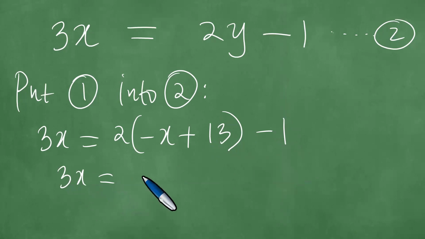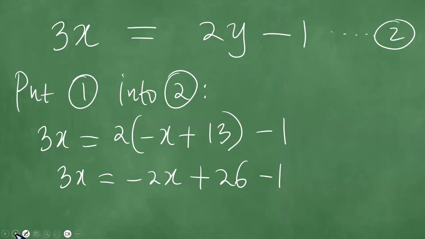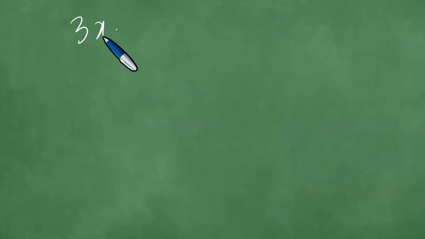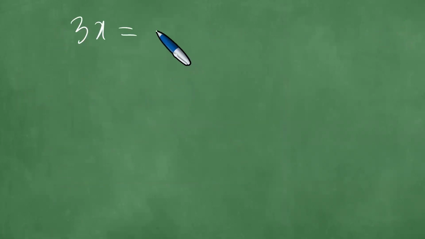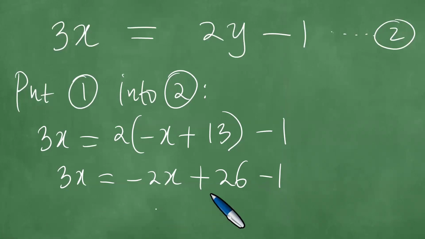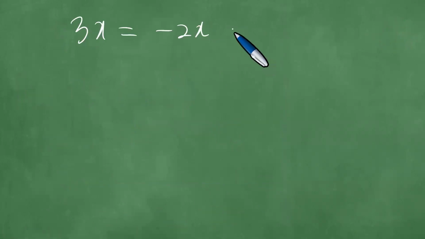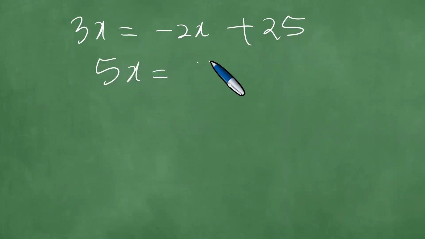This is exactly 3x equals minus 2x plus 26 minus 1. Right, and then 26 minus 1 is what? Is 25. Right, you bring the 2x to the other side, getting 5x equals 25.